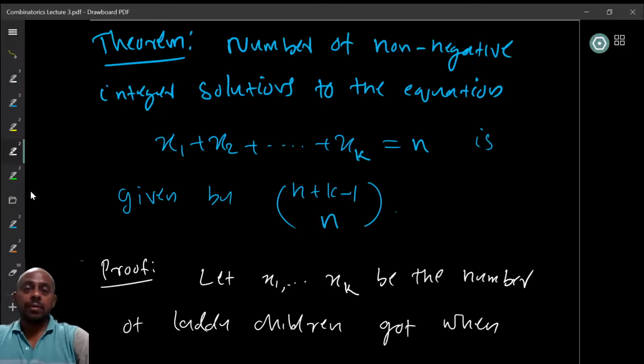So therefore, distributing n laddus to k children, where everybody gets greater than or equal to 0 laddus, is equivalent to distributing n plus k sweets to the same k children, where everybody gets at least 1. Because whenever you have a solution to at least 1, you remove 1 from each of them.